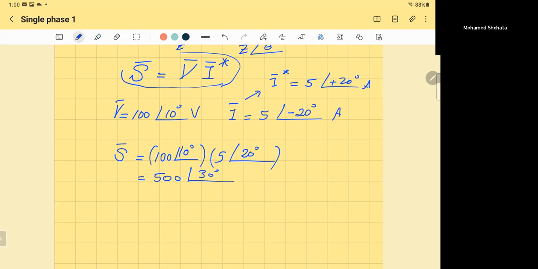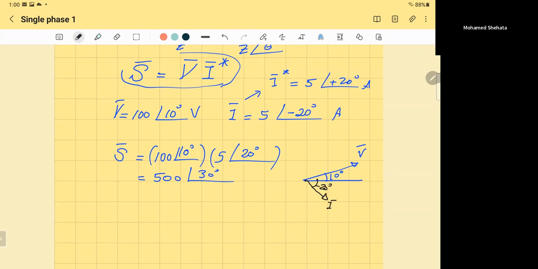I just want to verify what your friend said, that it depends on the angle between the voltage and the current. So let me sketch the phasors for the voltage and the current. That's 0. The voltage is at angle 10, that's 10. That's the voltage phasor. The current is 5 at angle negative 20, so I make the current small at negative 20.